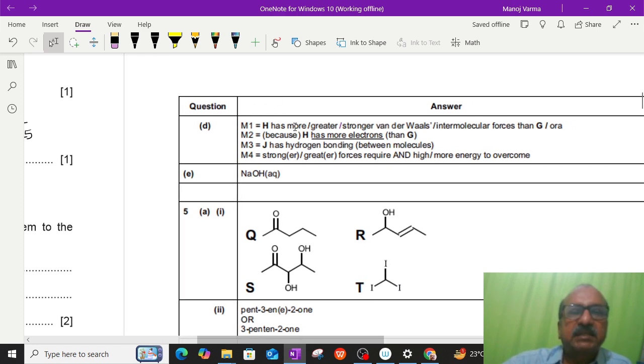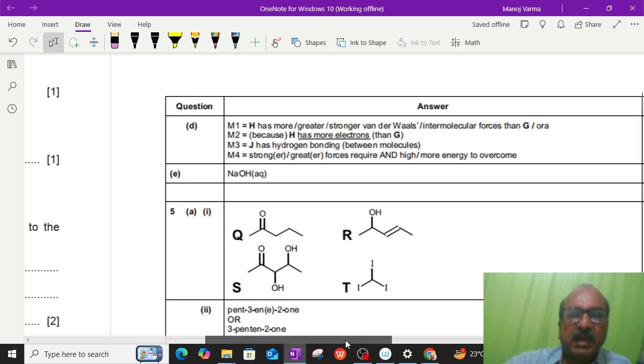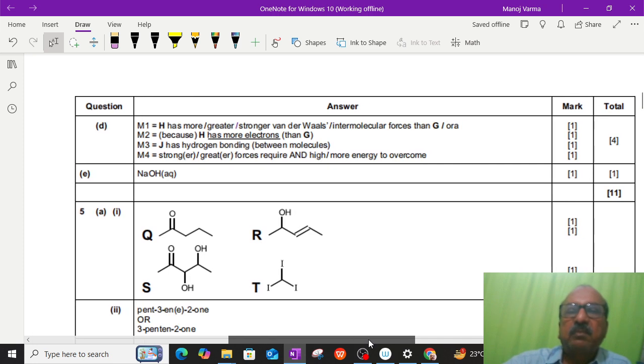H has greater or stronger van der Waals or intermolecular forces than G, because H has more electrons than G. J has hydrogen bonding, which is stronger than the other kinds of bonding, and more energy is required to overcome it, and that explains the variation in the boiling points of G, H and J. So I think you understood this.